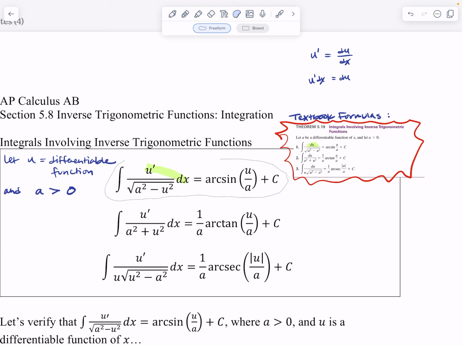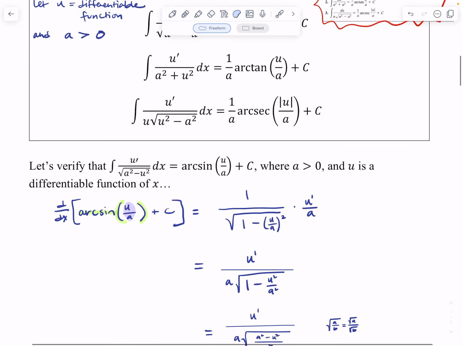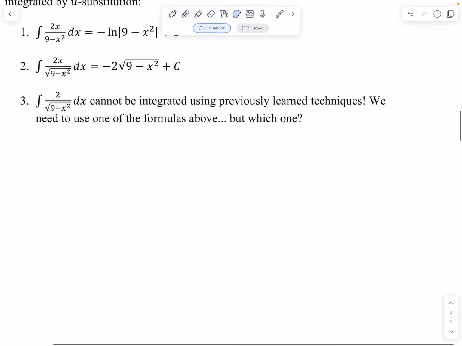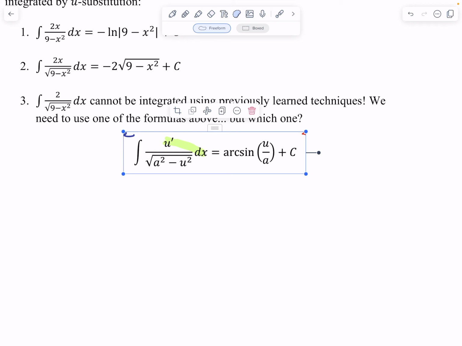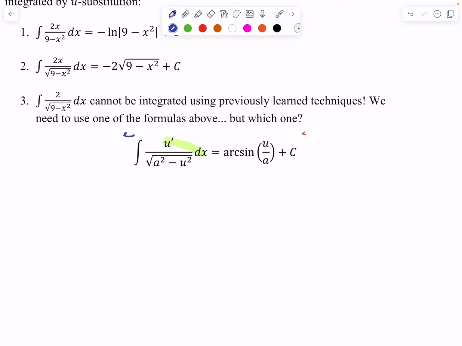That was equal to arcsine. So I'm going to paste it down here so we can reference.